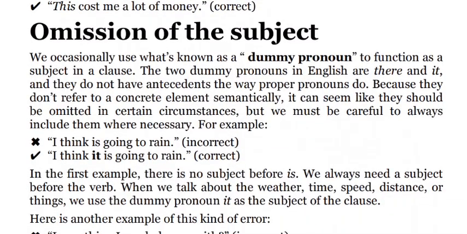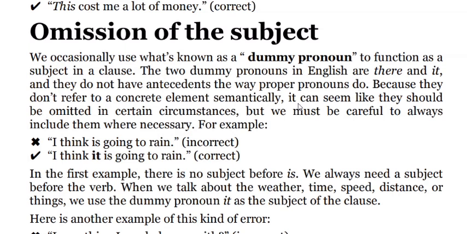We occasionally use what is known as a dummy pronoun to function as a subject in a clause. The two dummy pronouns in English are "there" and "it," and they do not have antecedents the way proper pronouns do because they don't refer to a concrete element semantically.